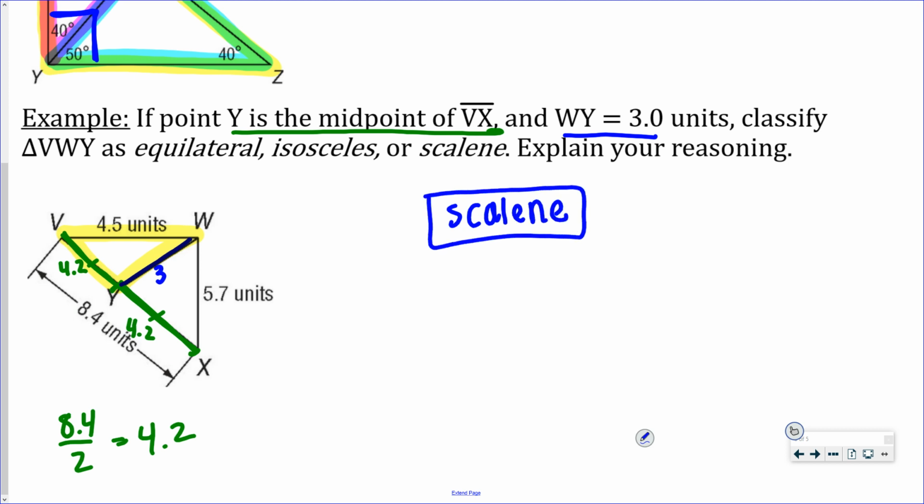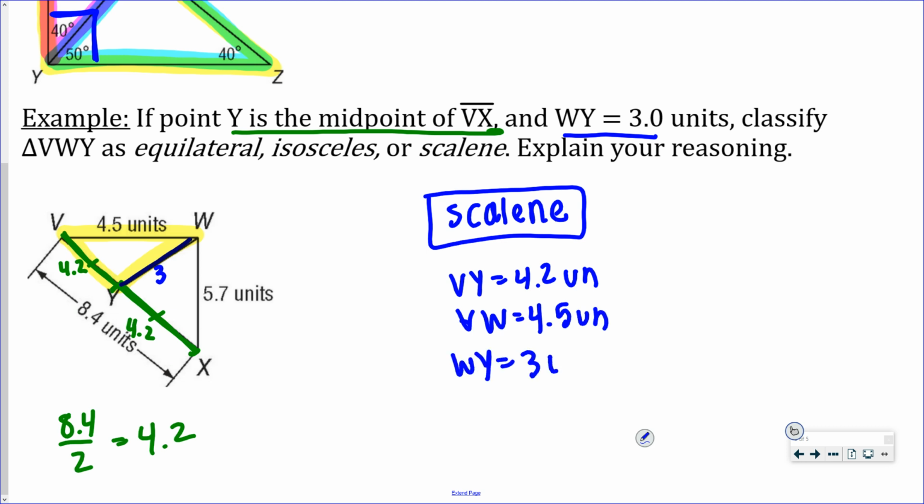Okay, it does say we have to explain, so let's just quickly show. Oops. We have to do VY. VY is 4.2 units. VW is 4.5 units. WY is 3 units.